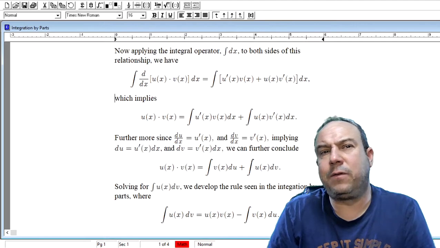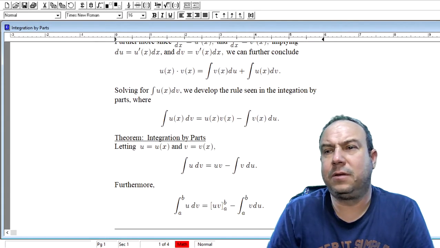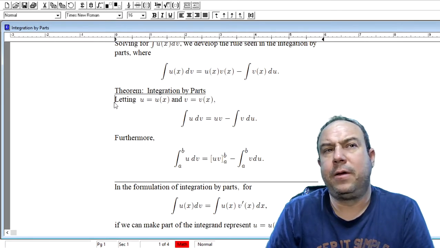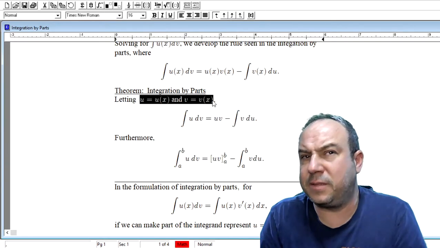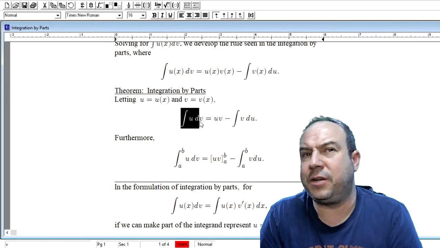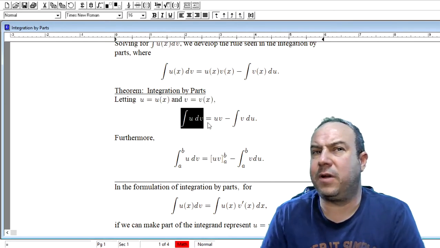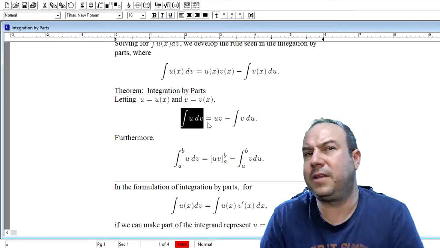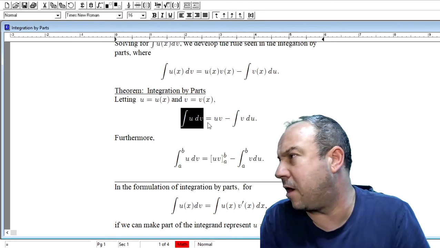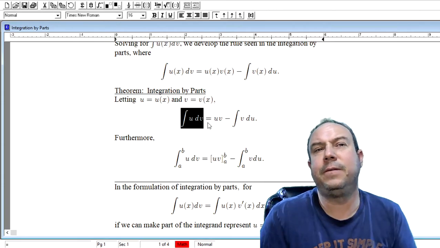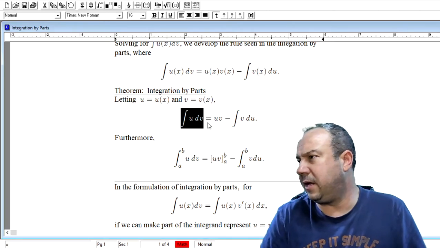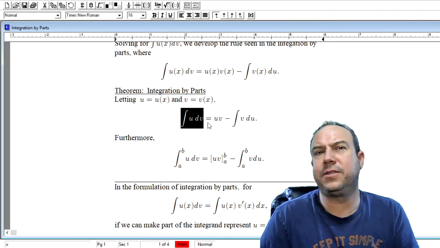It does follow from the product rule, where letting u and v represent some function of x, the integral of u dv could be thought of as u times v minus the integral of v du.